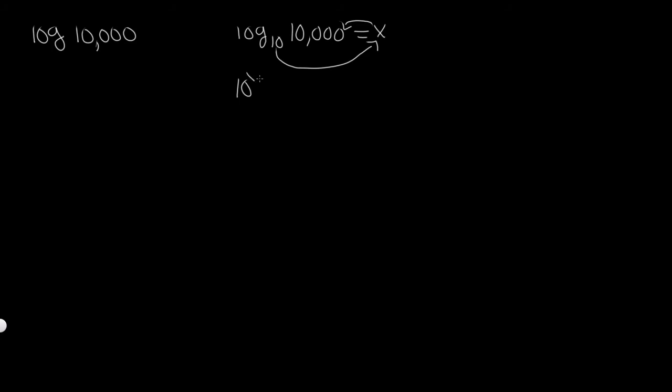Just like the last problem, since it's base 10 and our number starts with the 1 followed by a bunch of zeros, we can just count the zeros. 1, 2, 3, 4. x is equal to 4. Or we can rewrite this as log base 10 of 10,000 is equal to 4.